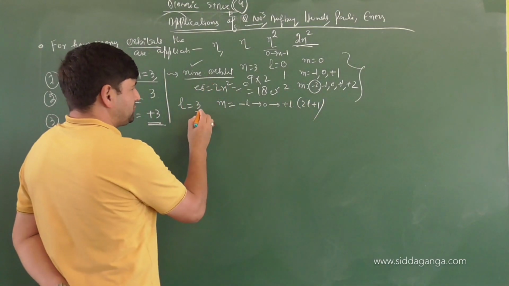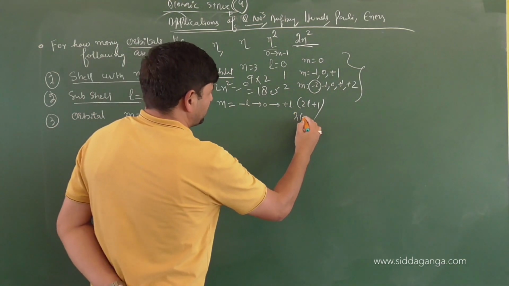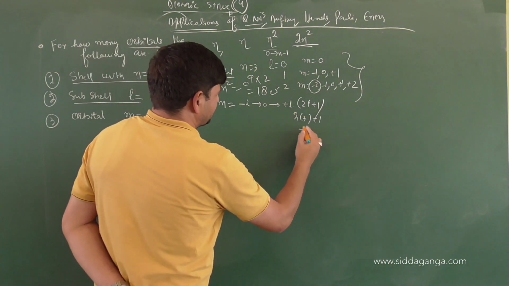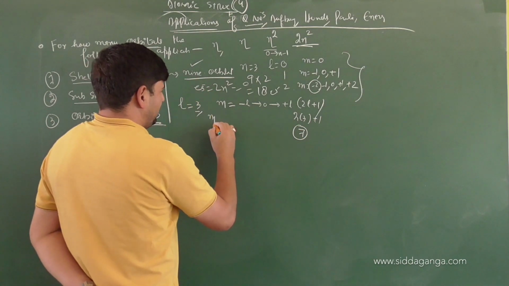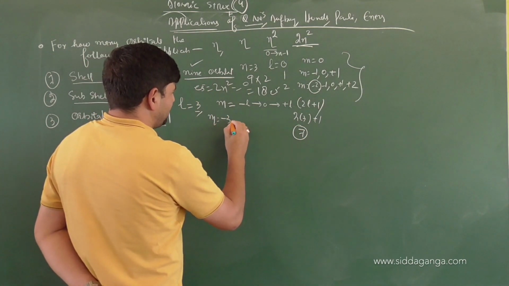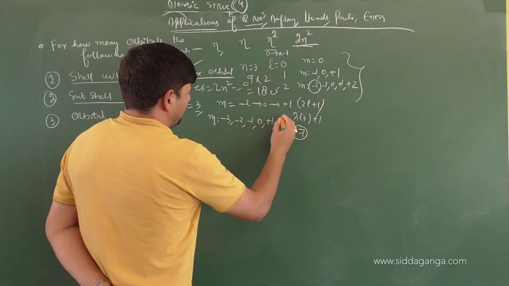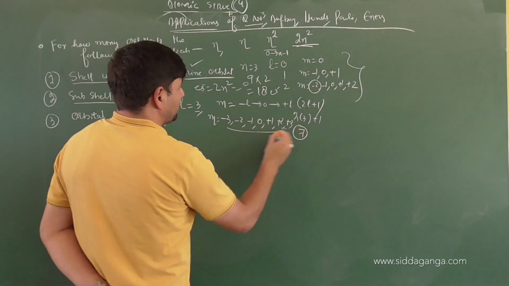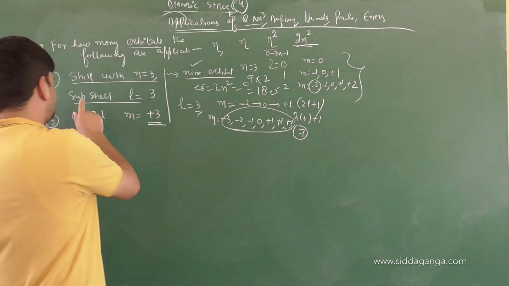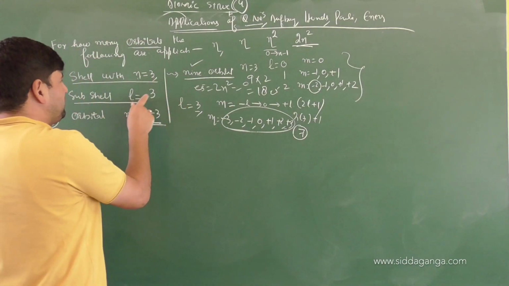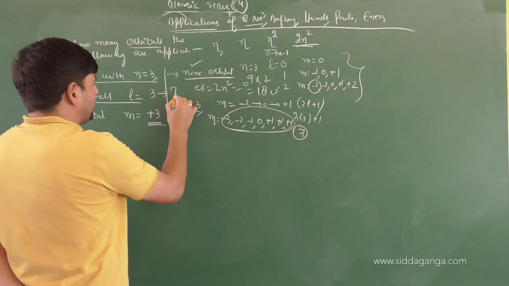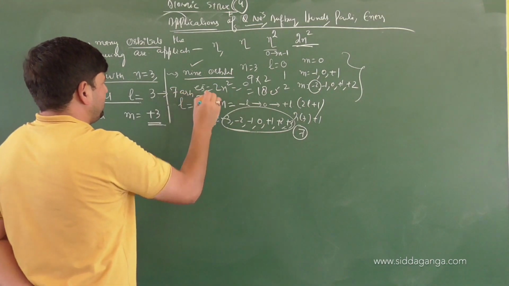So, what is the L value here? 3. So, that will make it 2 into 3 plus 1. That will make it 7. You can have a look here also. m will be minus 3, minus 2, minus 1, 0, plus 1, plus 2 and plus 3. Total how many values did you get? 7. So a subshell with L value equals 3 is applicable to 7 orbitals.